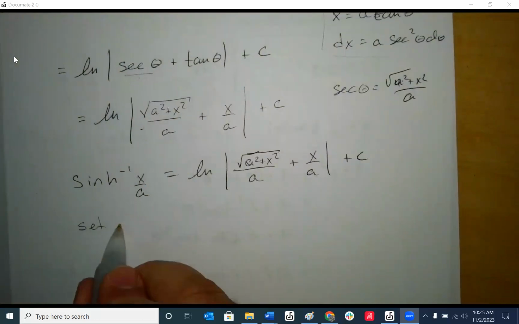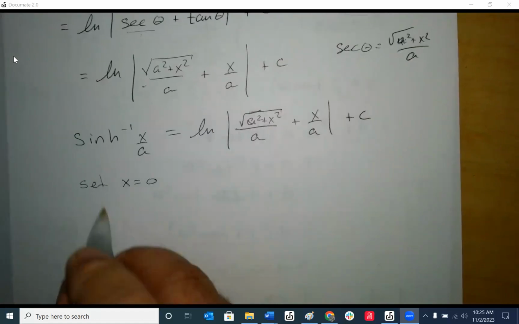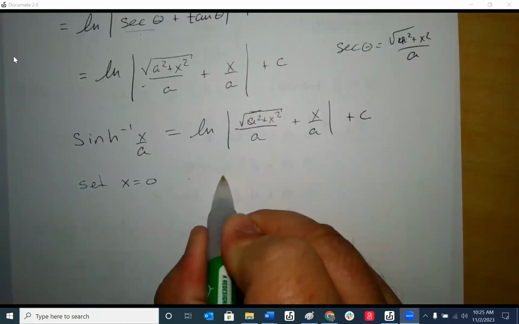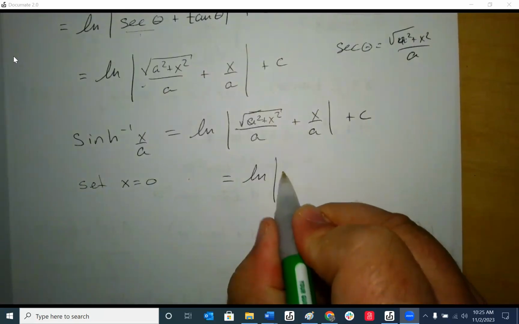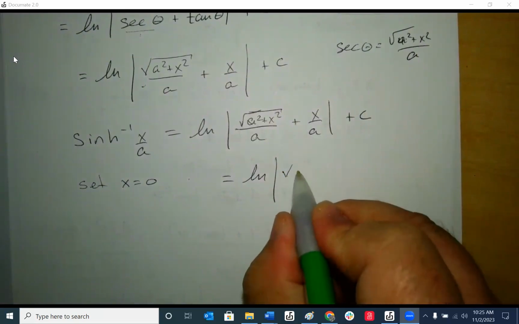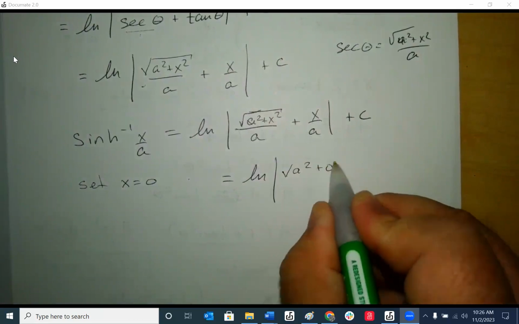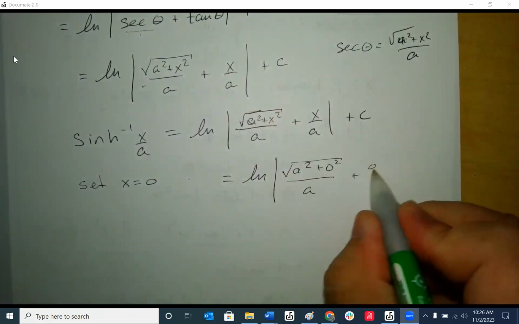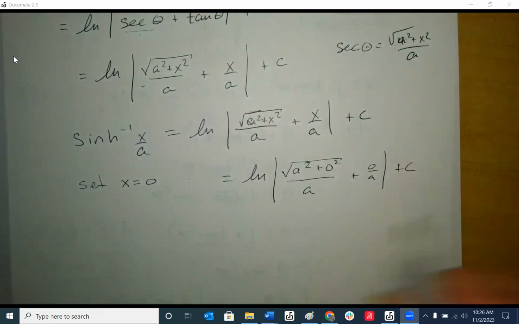So let's see what happens. Set x equals 0, and see what happens at the origin. We'll have ln of the square root of a squared plus 0 squared over a, plus 0 over a, plus c.